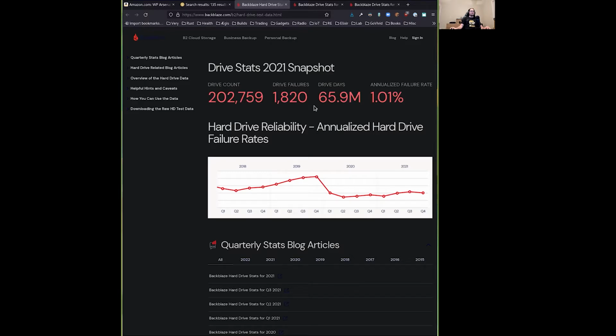Were there different stats in there, or is this a general trend that was seen across all SATA drives? It was a general trend, but it definitely differed between brand and SKUs also.